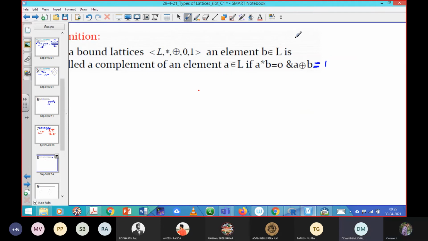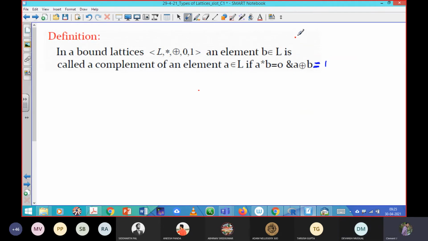Okay, next definition is called complement. How can we determine the complement of one element? See here, you can consider one example: maybe 13, 15, 17, 21.